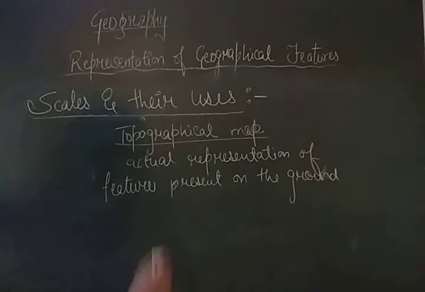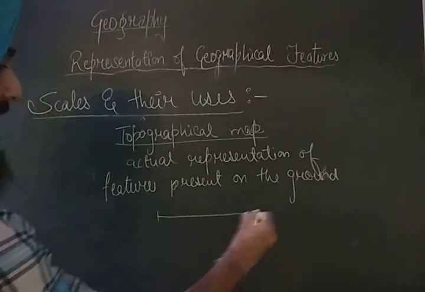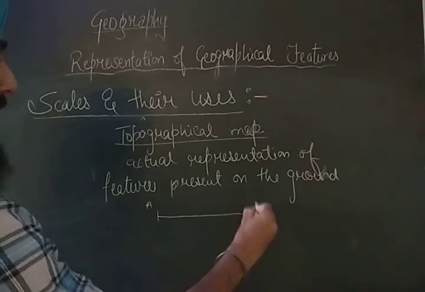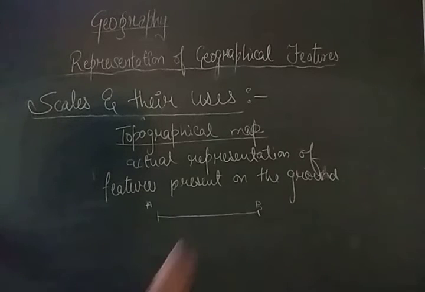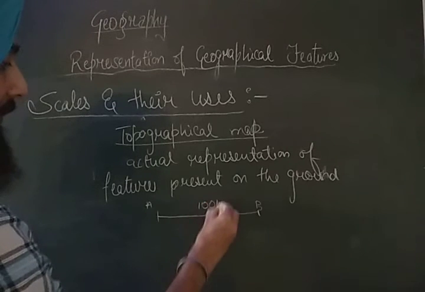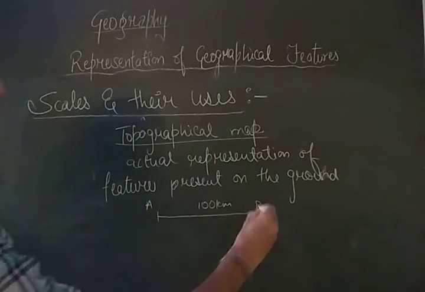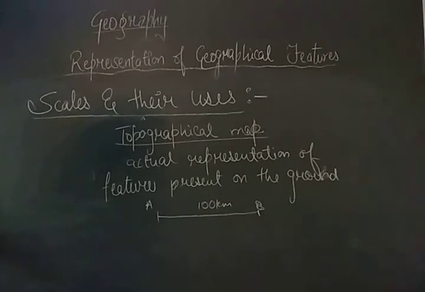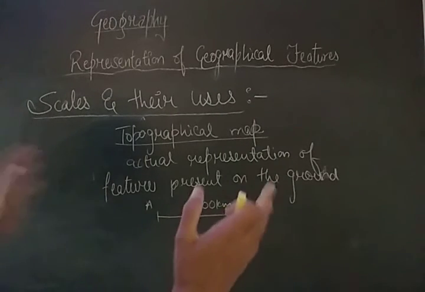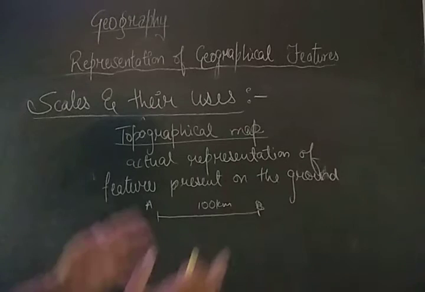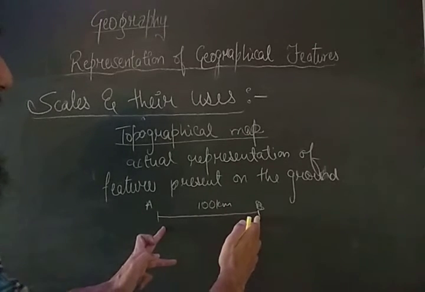Now we know that if places A and B, say Lehra and Patiala, are 100 kilometers apart from each other, how are we going to draw such a long distance on a map?